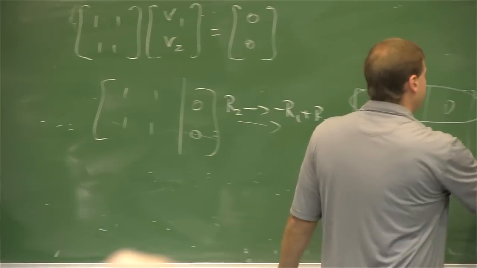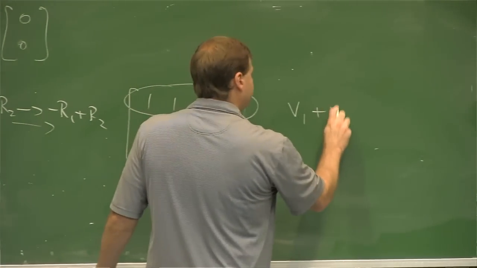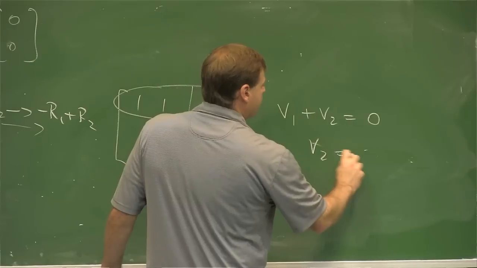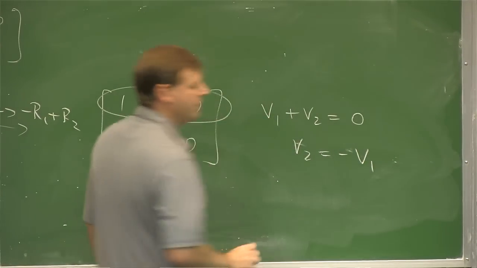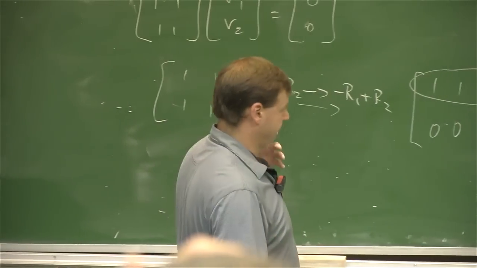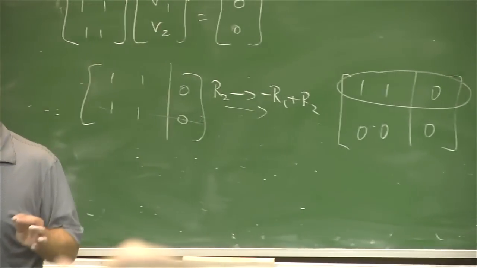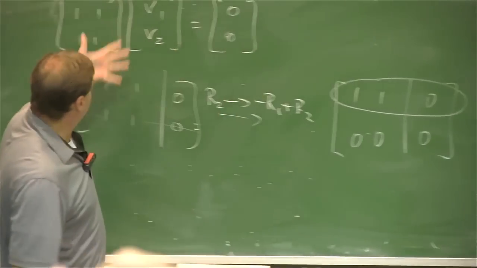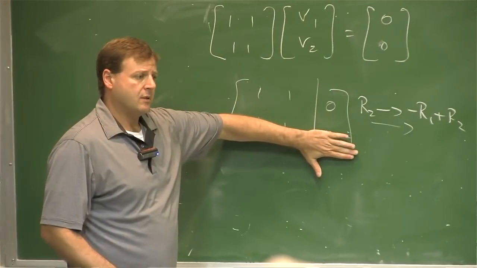This here says v1 plus v2 equals 0, which says that v2 is equal to negative v1. So what do we do? This takes us back to an old situation at the beginning of the course where we had underdetermined systems. What essentially happened is we lost one of the equations.